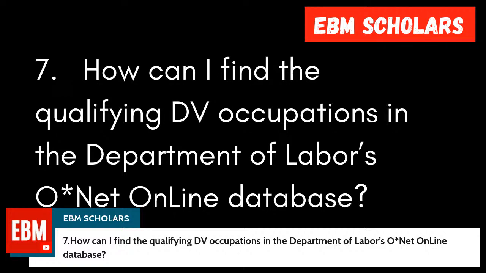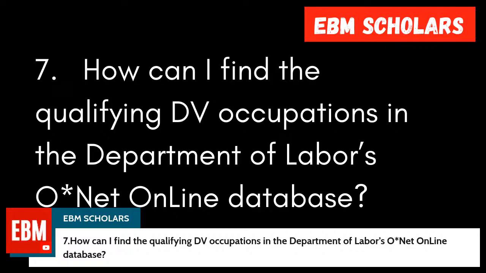Then you go to that job in the database, and you'll see the particular job you decided to find. It will show what SVP range it has, the specific vocational preparation rating.